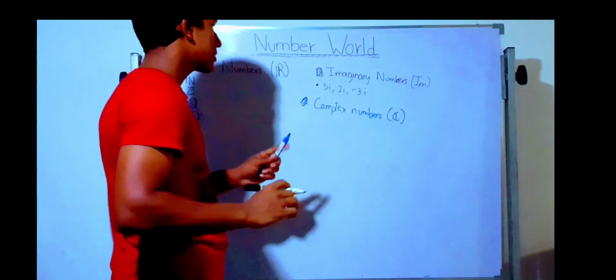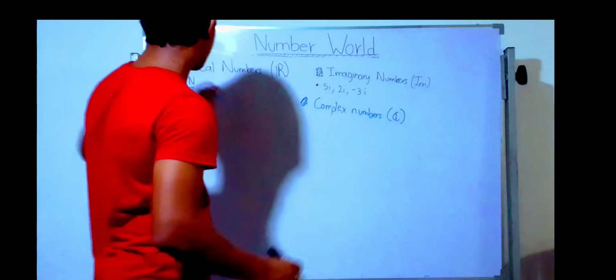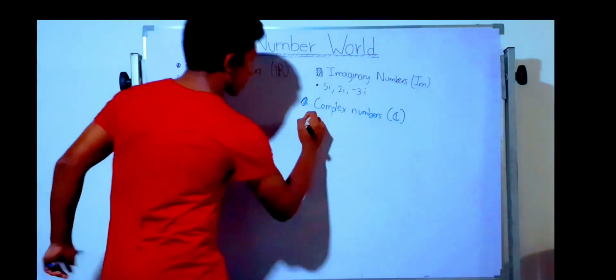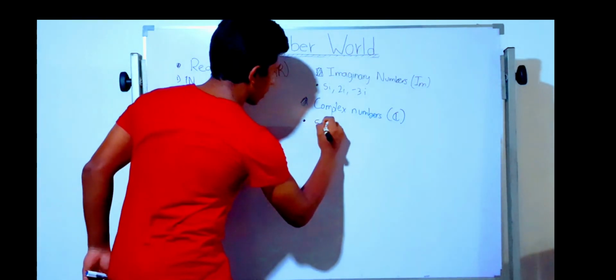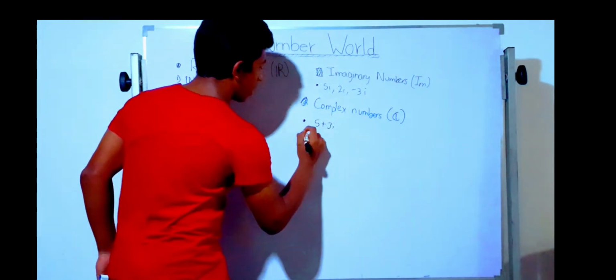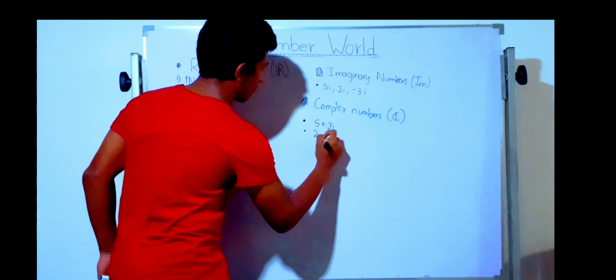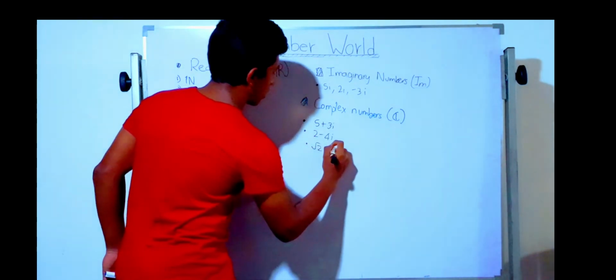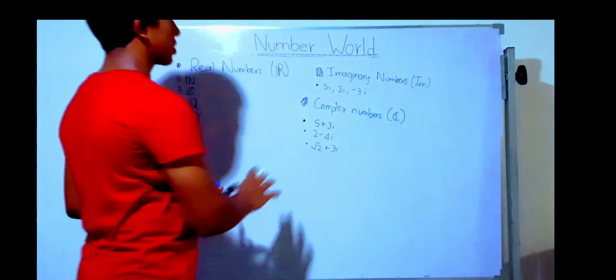A complex number includes a component from the real numbers and an imaginary component. A complex number could be in the form 5 plus 3i, or 2 minus 4i, or root 2 plus 3i, any of such.